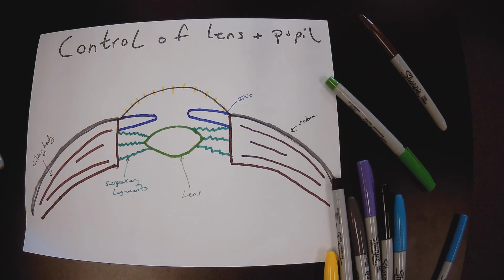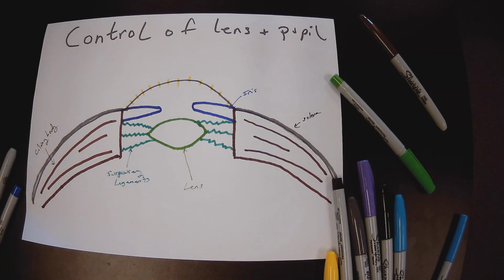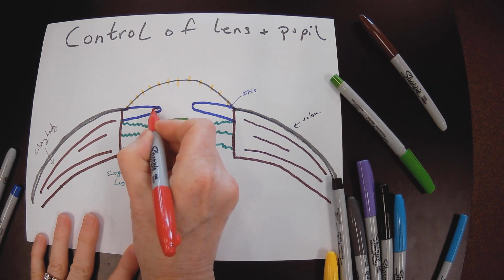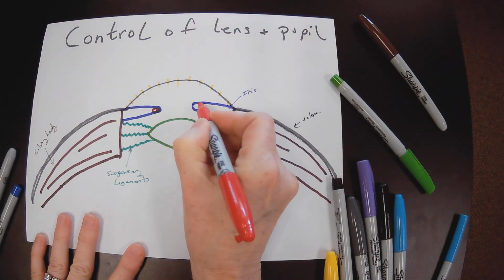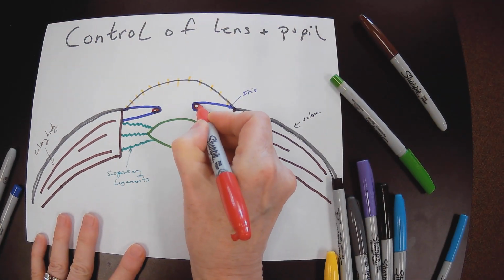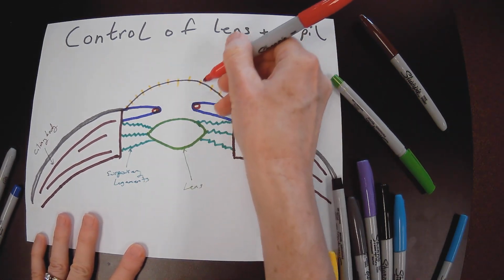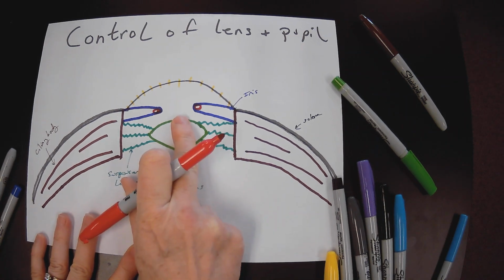Okay, the iris has a couple of important muscles that we need to know about. The first muscle I'm going to put here. Again, this is a cross section. So here's the muscle. It's just going to exist, and it's going to be all the way around. What's the space between your iris called?